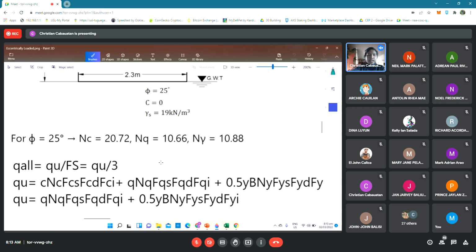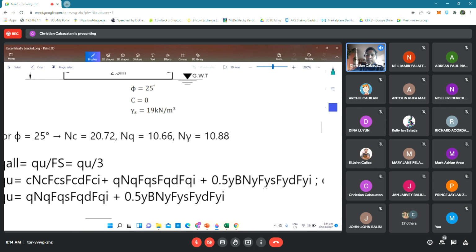By using the Meyerhof formula, which is mostly what we will use, qu is equal to c Nc Fcs Fcd Fci plus q Nq Fqs Fqd Fqi plus 0.5 gamma B N gamma F gamma s F gamma d F gamma i.